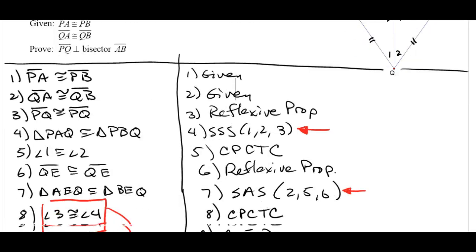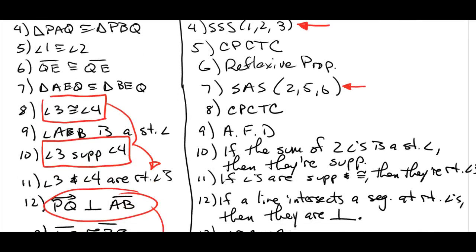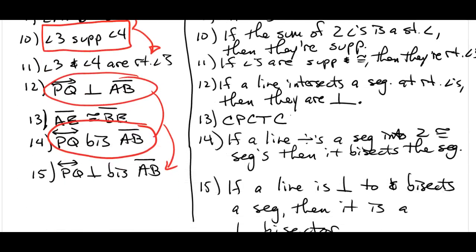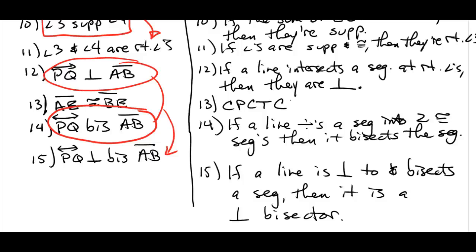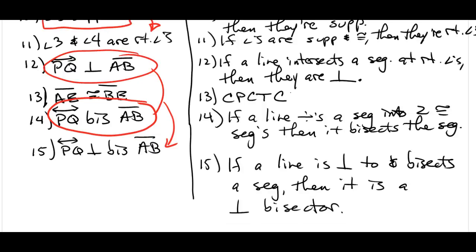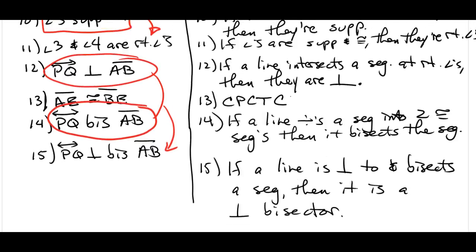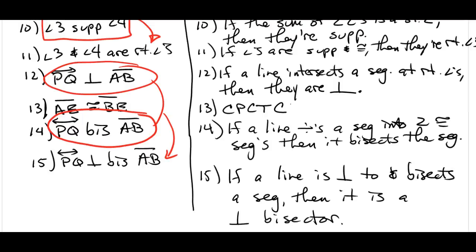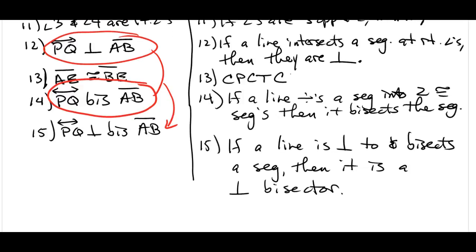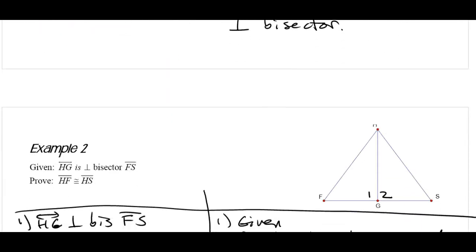So hopefully that's a little motivation for you to learn the concept of equidistance. Make sure you get help if you need it, because on a quiz or a test, if I'm expecting you to use equidistance, I'm going to give you room for using equidistance and not room to do a 15-step proof. So again, pause when you need to, copy down, write questions, make sure you ask them in class, and let's move on to example number 2.